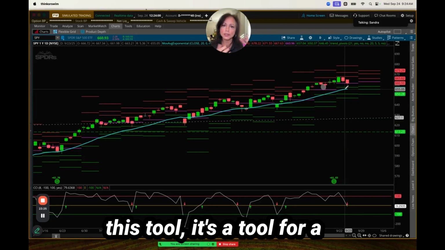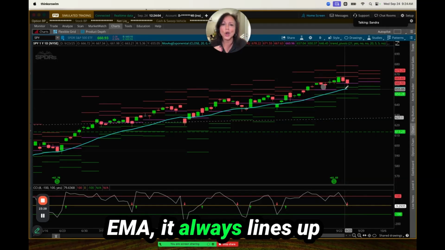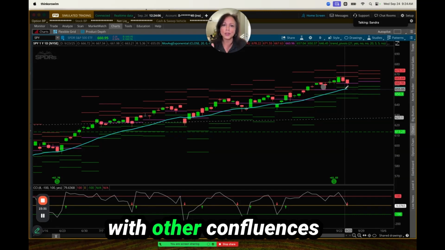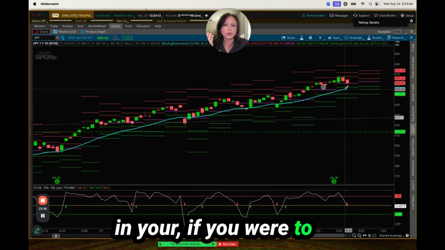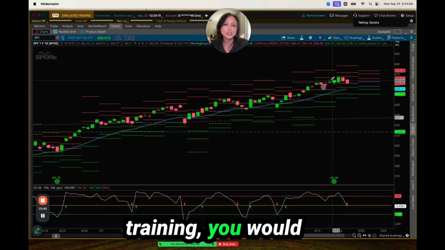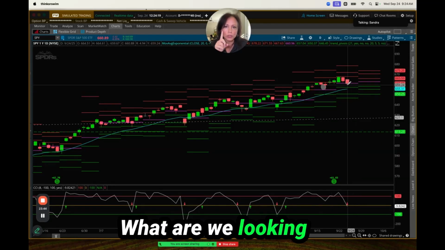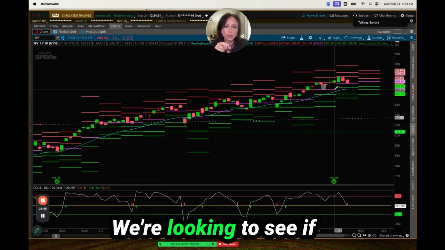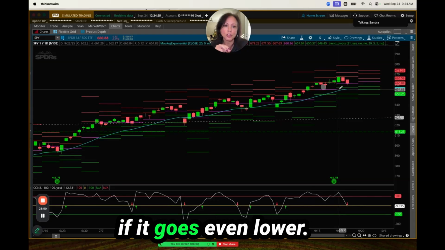And so when I look at this tool, it's a tool for a trader to look at this 20 EMA. It always lines up with other confluences of price action. So just like I told you, if you were to have some formalized training, you would know that this was the last higher low. What are we looking for price to do? We're looking to see if it comes and tests it and then bounces, or if it goes even lower.